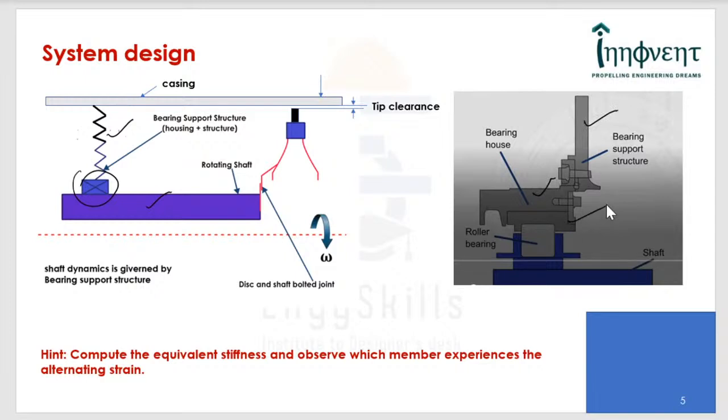Now what we have essentially done is we have clubbed the stiffness of the bearing support structure and the bearing housing, and then represented that by an equivalent spring. Now why do I say that one component could have multiple roles? And that is where the system understanding becomes very important.